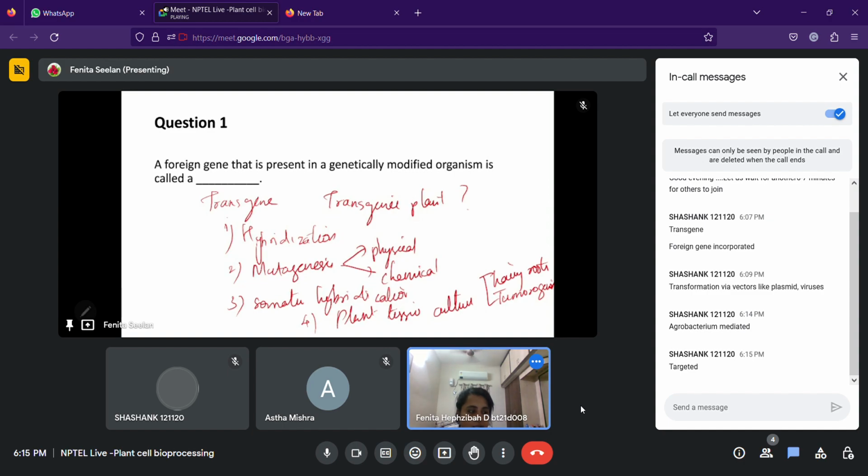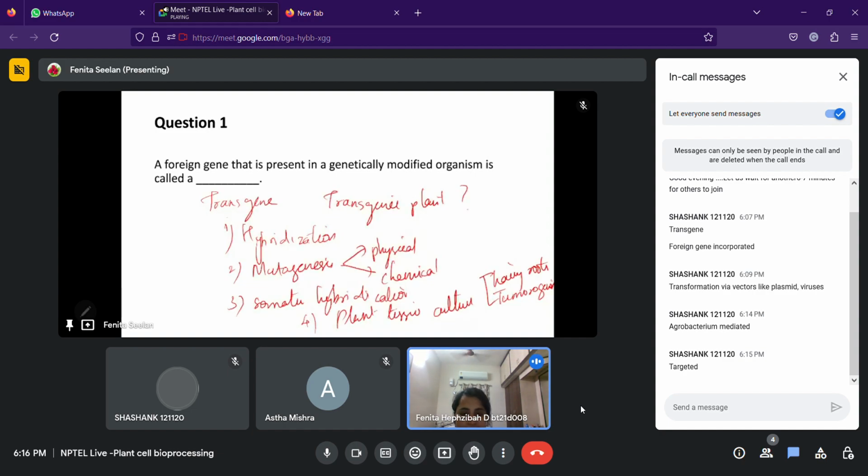If you want a particular gene to be overexpressed, you will try different physical or chemical mutagenic agents. Physical ones include UV, IR and gamma radiation. There are also certain mutagenic chemicals, though I'm not able to recollect them. Targeted mutagenesis is our aim, but not quite often do we observe such mutations happening.